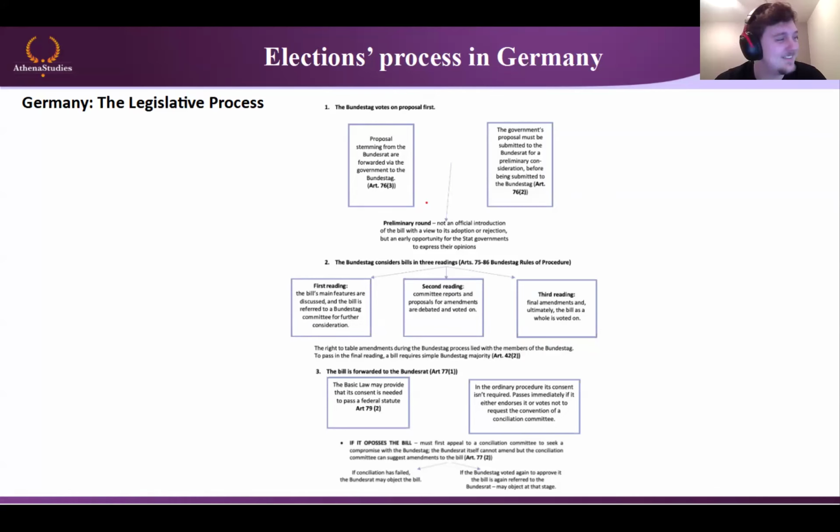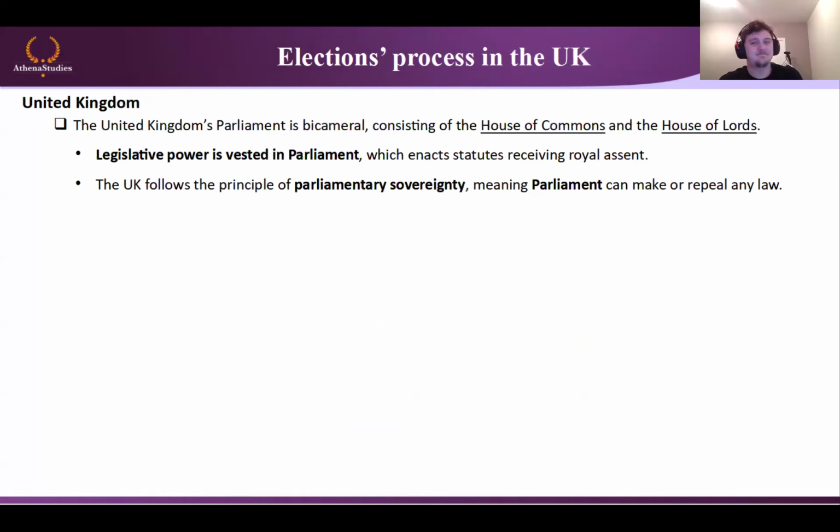Alrighty. Then the UK. The UK, very important. Also bicameral. So here again, we find similarities. The House of Commons and the House of Lords. Legislative power is in the Parliament. Because we're doing this in the same structure, it seems a bit repetitive, like we are starting to get it more and more.